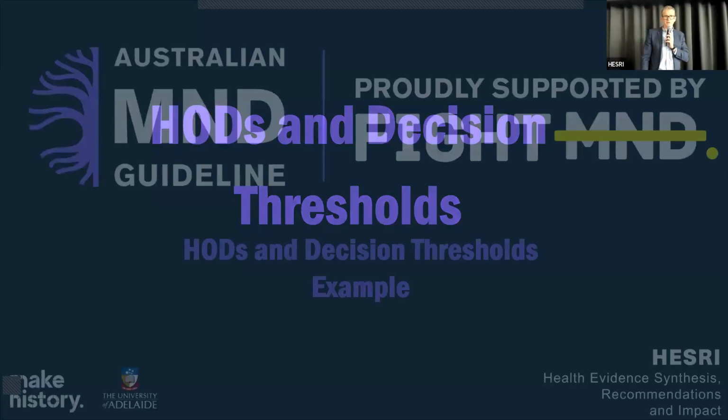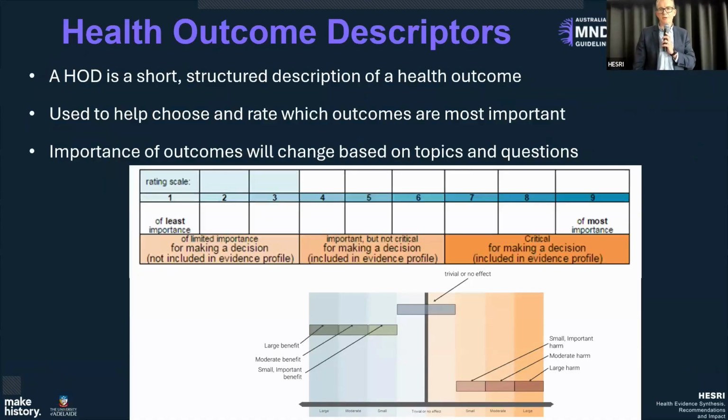Okay, now I wanted to quickly run through an example of what we've been doing in the Australian Motor Neuron Disease Guideline, where we've created health outcome descriptors. We've then sent these around to a panel and advisory groups, asked them to rate the importance of these different outcomes, and also to rate their utility.